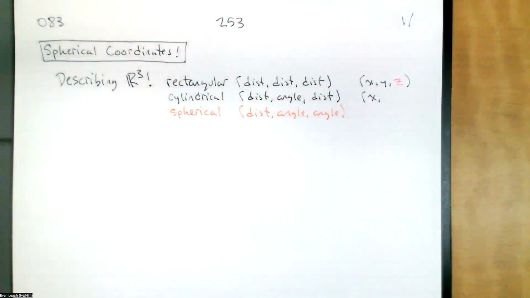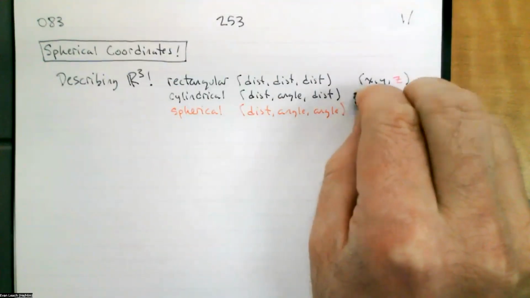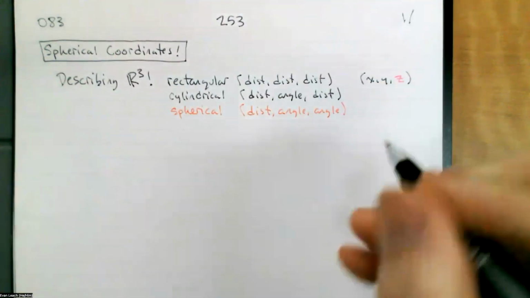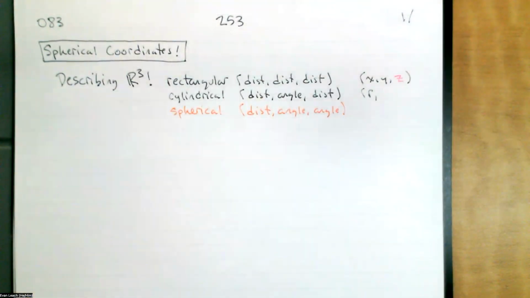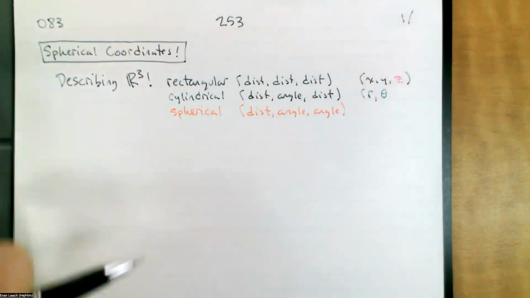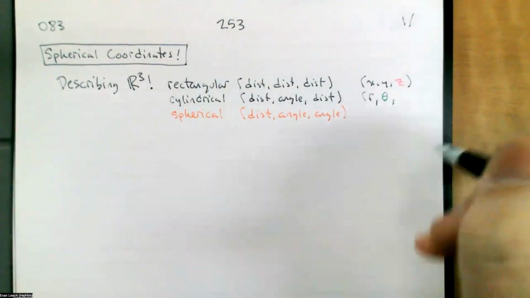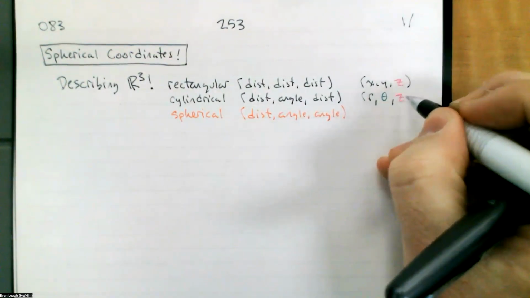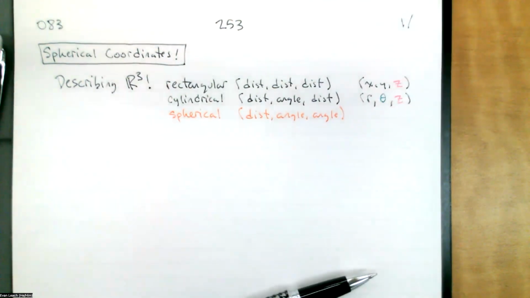Oops, it's not X, it's R. So just to keep things organized, our rectangular and our cylindrical coordinates have that Z in common.